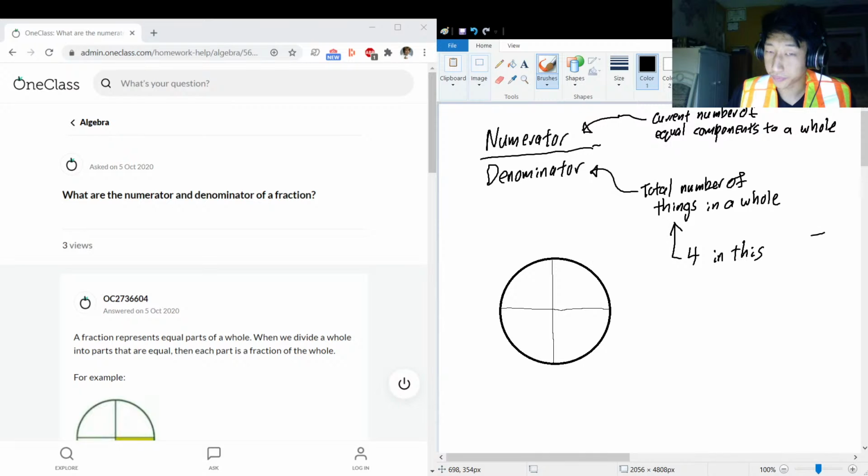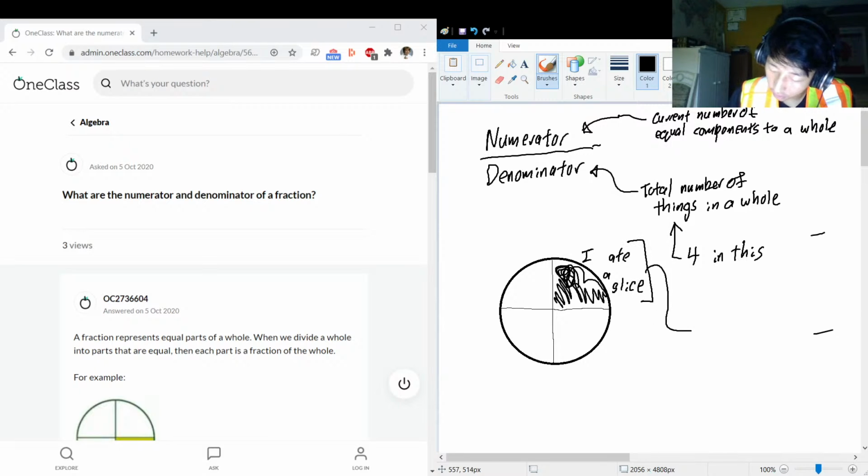Now, let's say that I'm very hungry and I munch and eat and enjoy thoroughly this 1 slice of the pizza. I just ate 1, so the 1 that I just ate would represent the numerator. So I ate a slice.